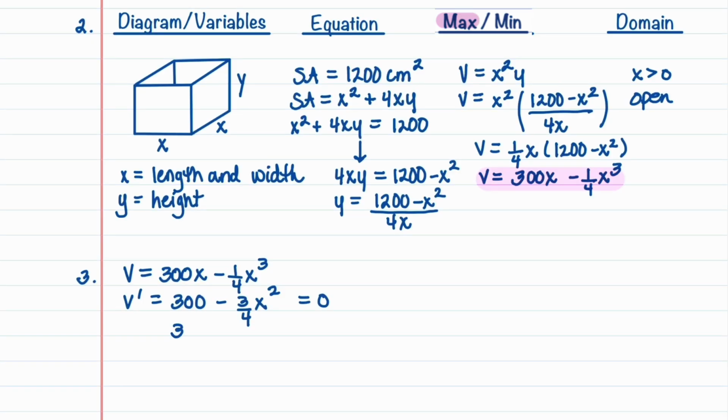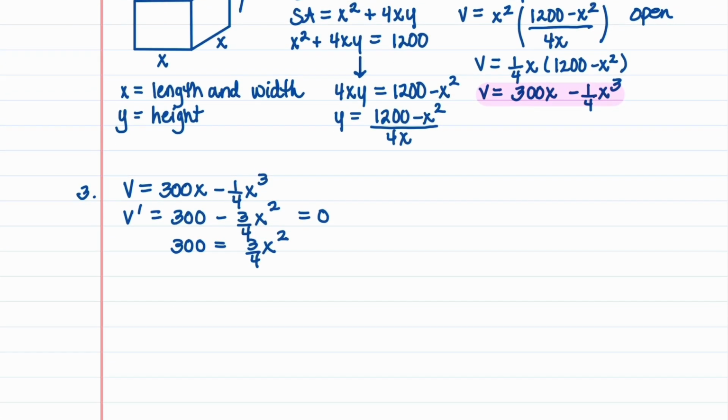So we have 300 is equal to 3/4 x squared. If we multiply by 4 and divide by 3, we get 1200 divided by 3 is equal to x squared. So this tells us that x squared is 400.